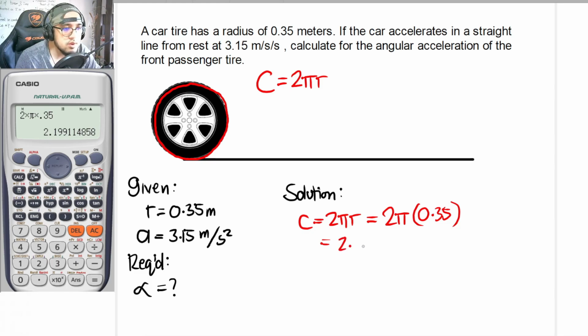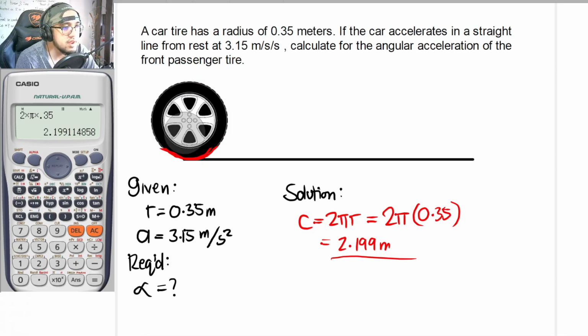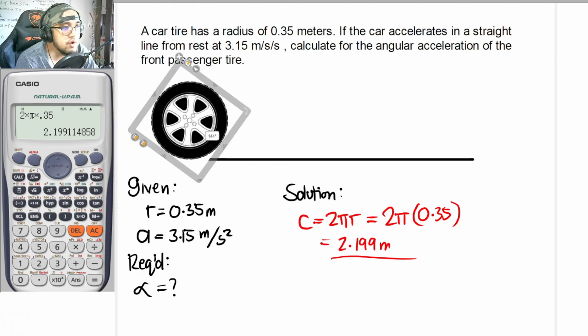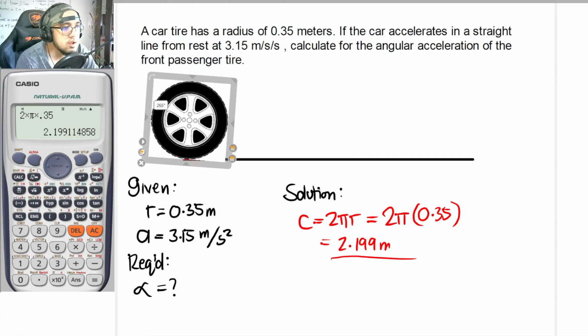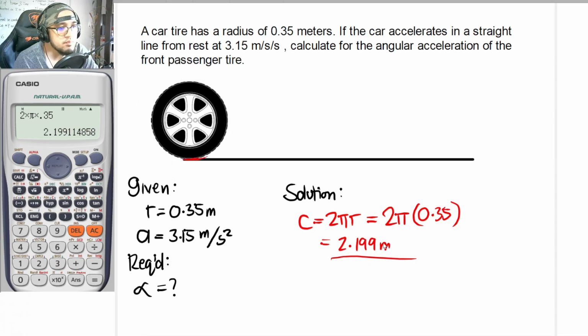2.199 meters. So this is now to be the circumference of the tire, the whole distance around the tire. The importance of finding the circumference is that for every one full rotation of this wheel, the wheel would now travel 2.199 meters.